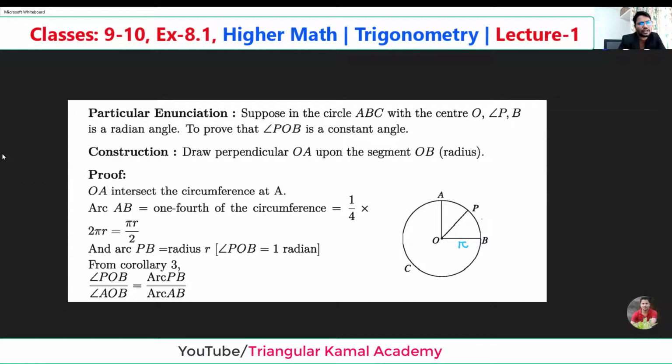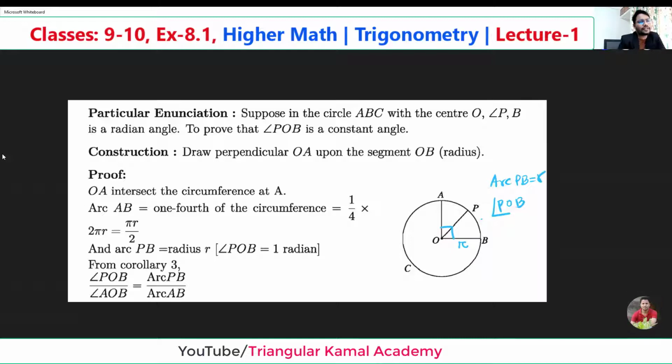Arc PB is equal to the radius r. That means angle POB is called the radian angle. Then OA is perpendicular to OB. The line OA is perpendicular to OB, that's why angle AOB will be 90 degrees.